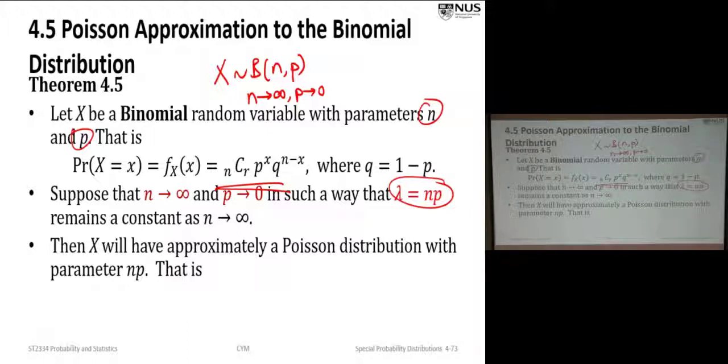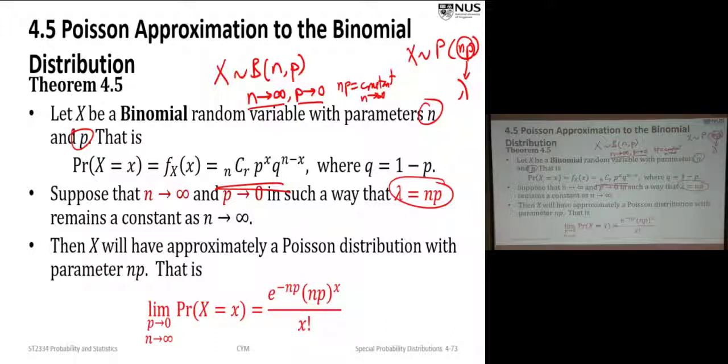But in practice, usually n is not that big, and p is not that small. So long as np is a constant, when n is getting bigger, x can be approximated by a Poisson distribution with parameter np. So this becomes my lambda. All right? So that's the result.